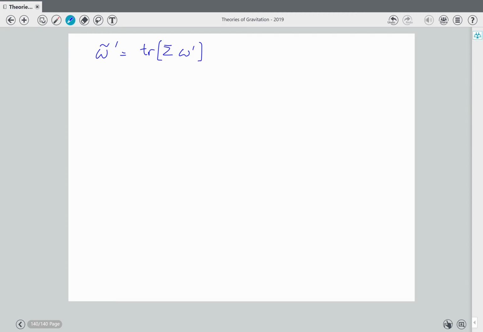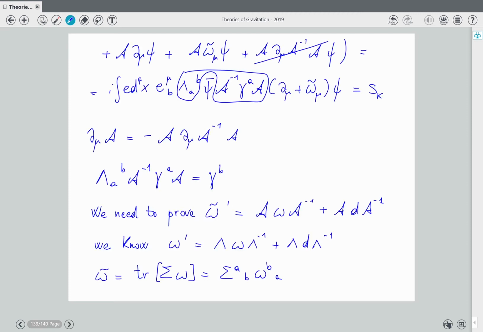So only omega prime can transform. Omega prime, we know that it transforms like that, and we want again to show that when you transfer from the flat space indices to the spinorial indices, lambda goes into A, curly A, basically.